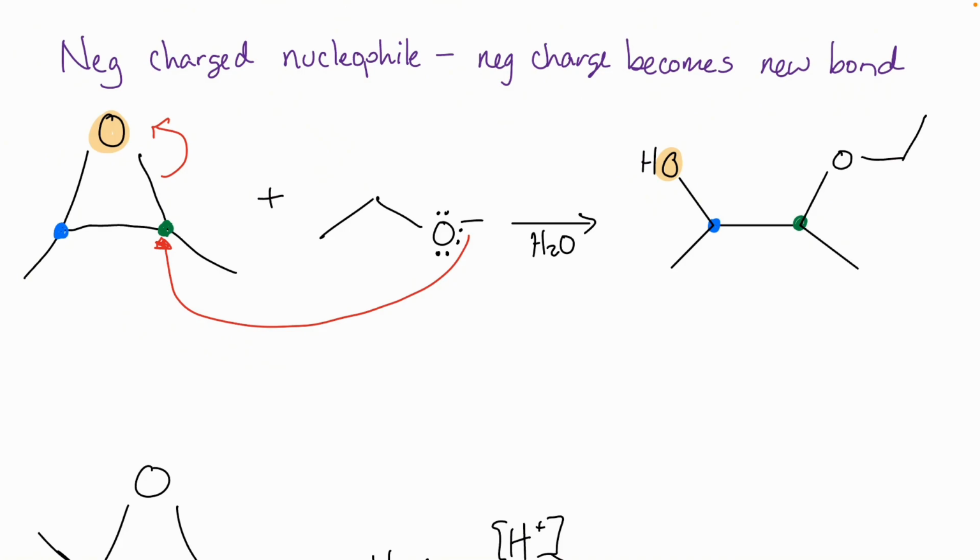If we draw our lone pairs on our neutral oxygen of our product, there's only 2. Right? There's 3 on the one side, 2 on the other side. Where did that extra pair go? This is the pair of electrons that forms that new bond. Okay, so that's why when we have a negatively charged nucleophile, that negative charge, that pair of electrons, becomes our new bond in our molecule.